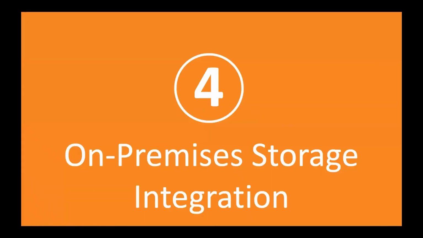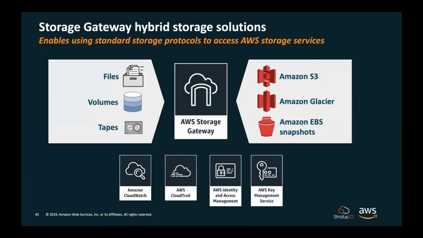So now that you know about all these wonderful AWS storage types, how do I get my data to utilize this, or how could I integrate my on-premises systems to work with them? A very popular solution is Storage Gateway, which allows you to utilize the cloud in conjunction with your on-premises storage.